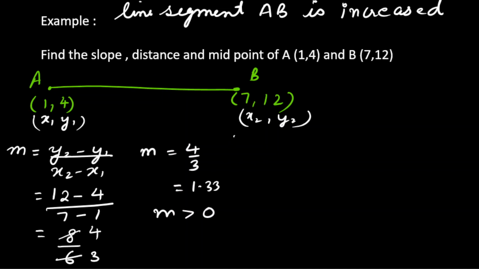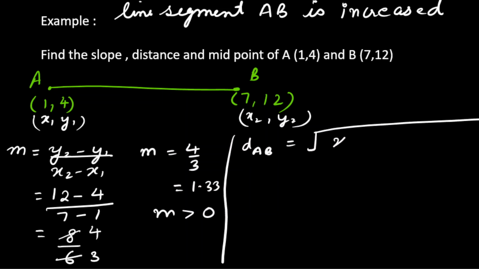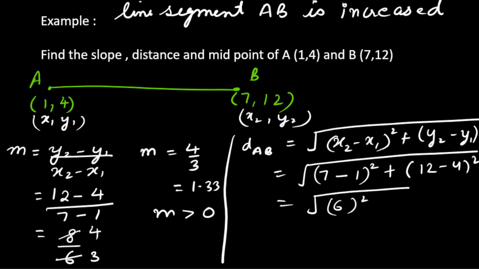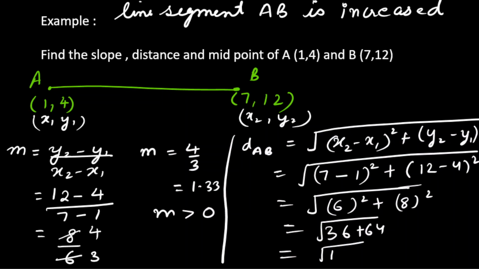Now we have to find the distance between the points A and B. So we can use the distance formula. Distance AB is equal to the square root of x2 minus x1 whole square plus y2 minus y1 whole square. x2 is 7, x1 is 1, so 7 minus 1 whole square plus 12 minus 4 whole square, which is equal to 6 square plus 8 square. 6 square is 36, 8 square is 64, so the square root of 100.